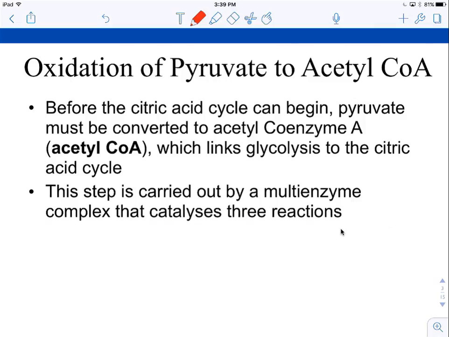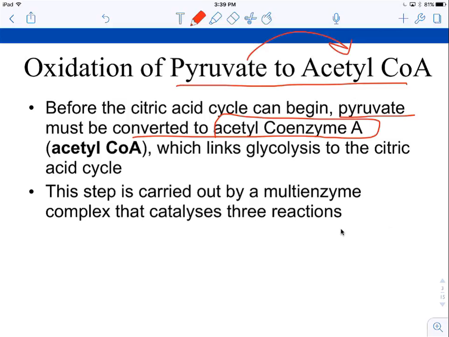Part of that process continues to metabolize pyruvate and converts it into something we call acetyl coenzyme A. And the conversion of pyruvate to acetyl CoA links glycolysis to the citric acid cycle.